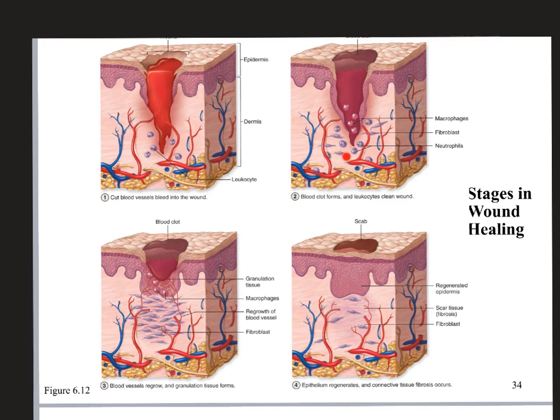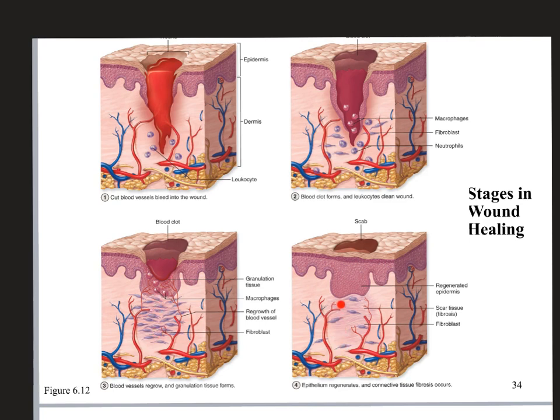So here you see the blood vessels. Fibroblasts, in response to the injury, start to produce more fibers, right? They're producing the collagen fibers. They've been stimulated to grow and fill in this gap.